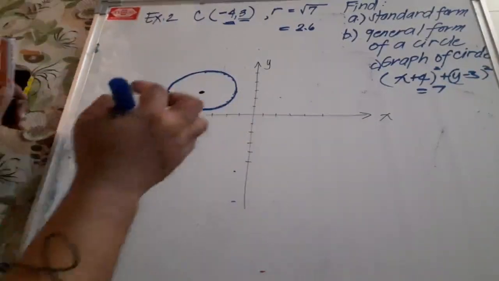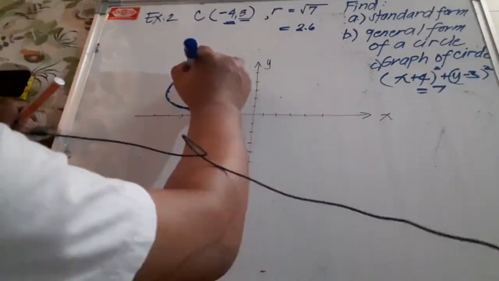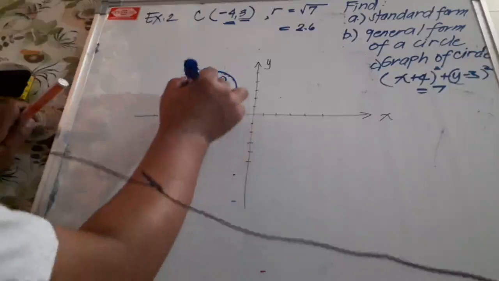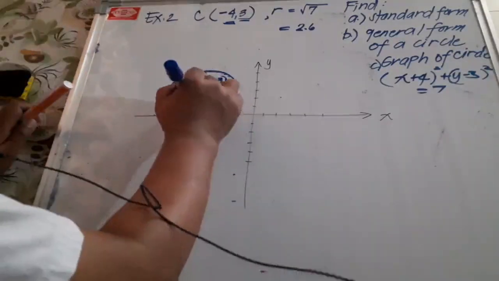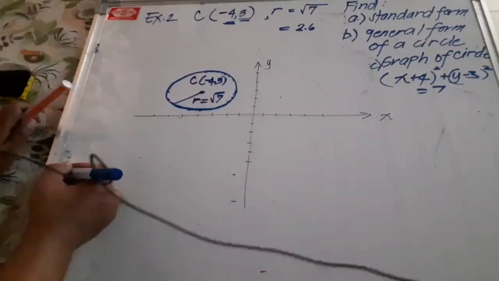So, ito yung circle natin na ang center niya located sa negative 4, 3 at ang haba ng kanyang radius is square root of 7.